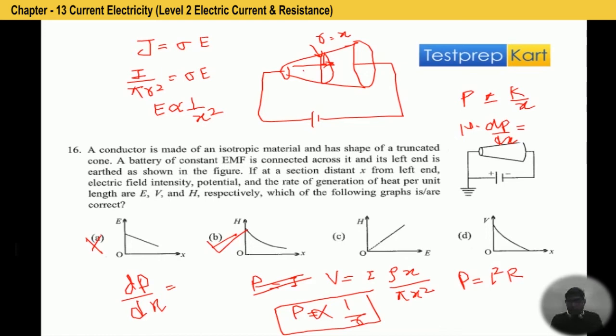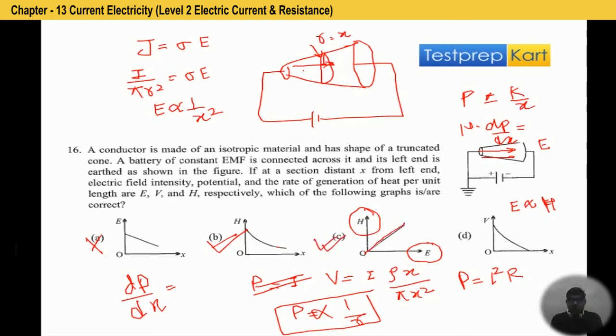And second, this one is heat versus electric field. As we are moving from the broader section, the electric field is decreasing, and along with that, heat dissipation is also decreasing. So we can say that heat is proportional to the electric field, which means we get a straight line.